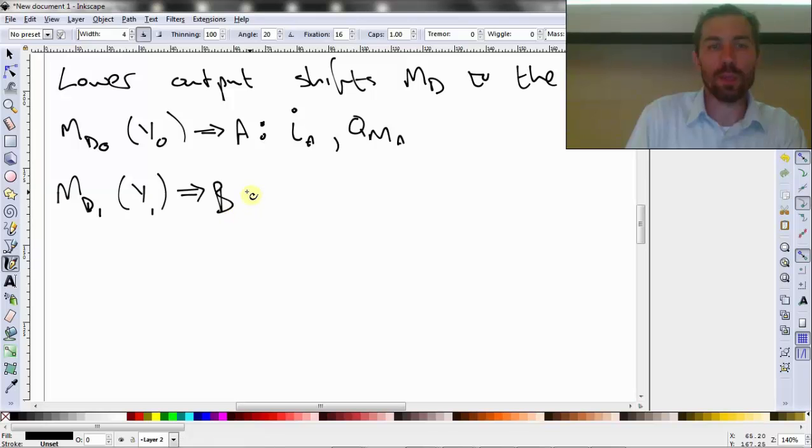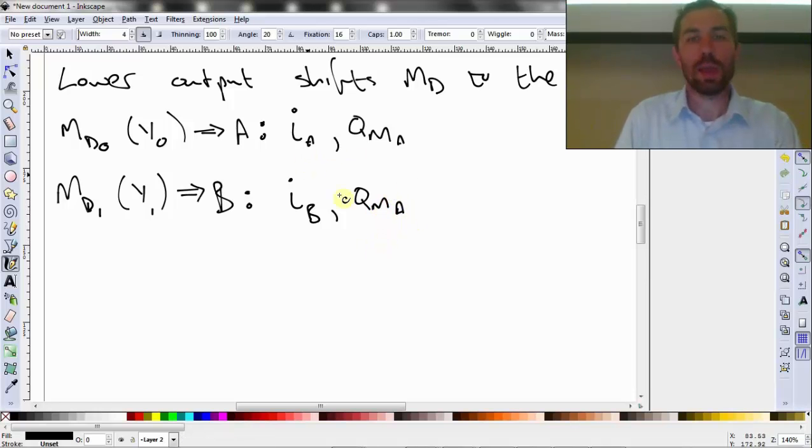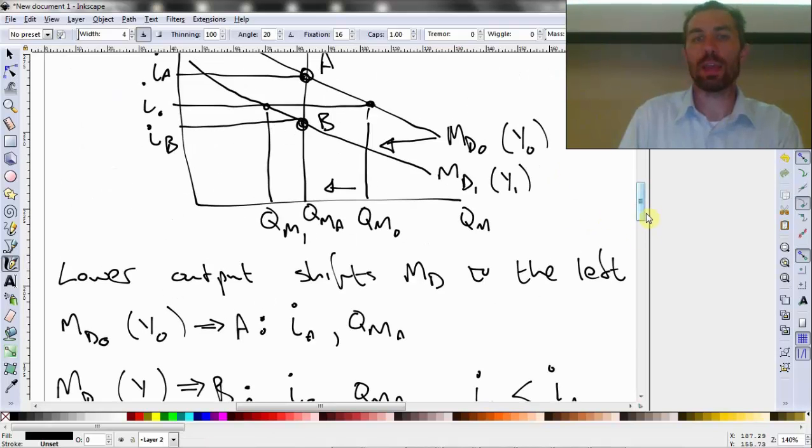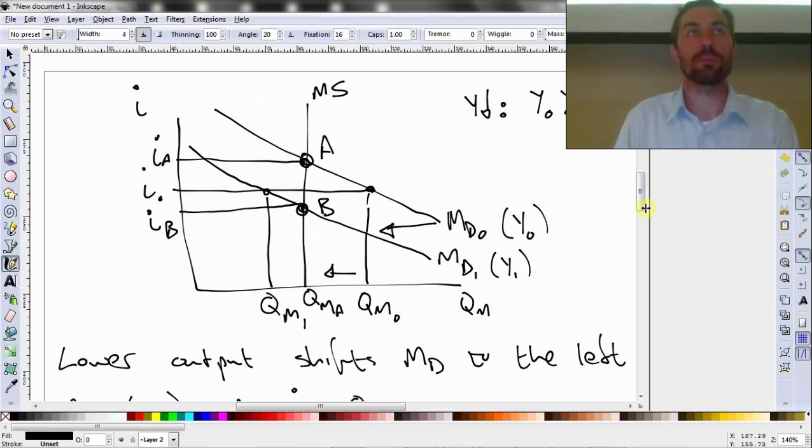So at point B, what do we end up with? Interest rate B and QM unchanged. And what do we know about the relationship between interest rate B and interest rate A? Interest rate B is less than interest rate A. Are we happy with that?